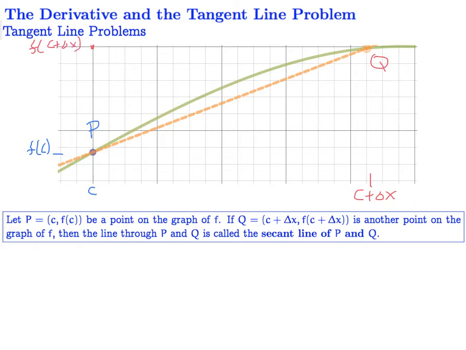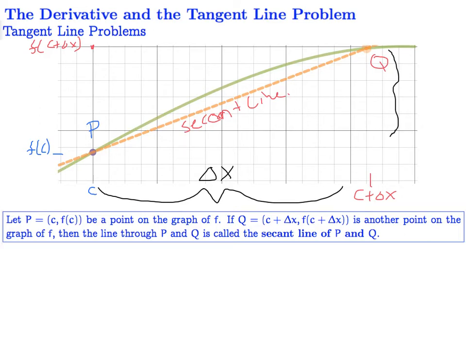And so we can build the line through these points that we're going to call a secant line. A secant line is just a fancy way to say that the line goes through 2 points on our graph. What's interesting is that this distance here between c and c plus delta x is delta x, and this distance vertically between P and Q is delta y.